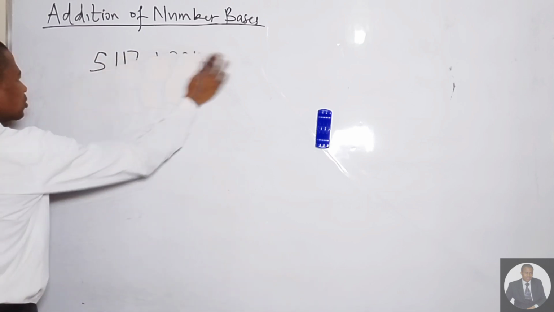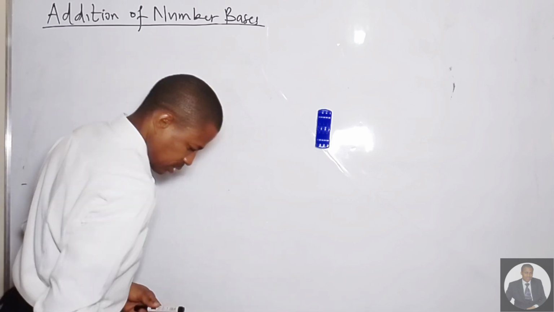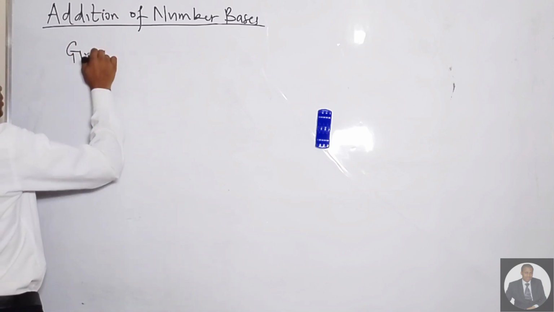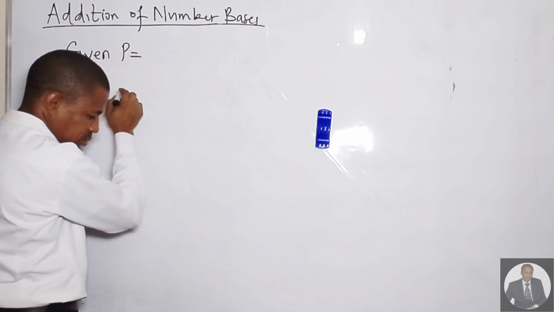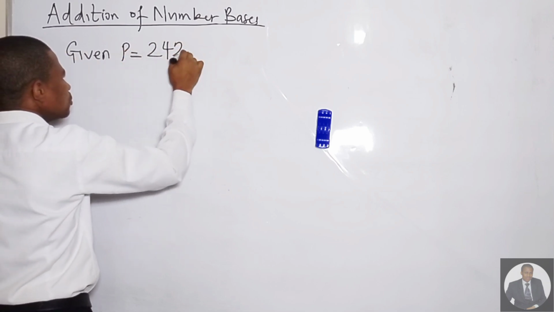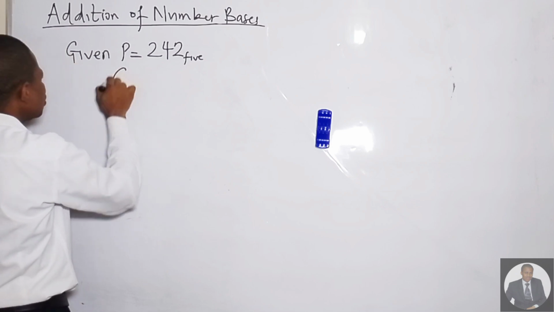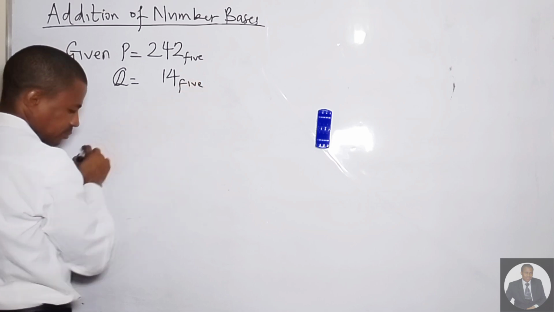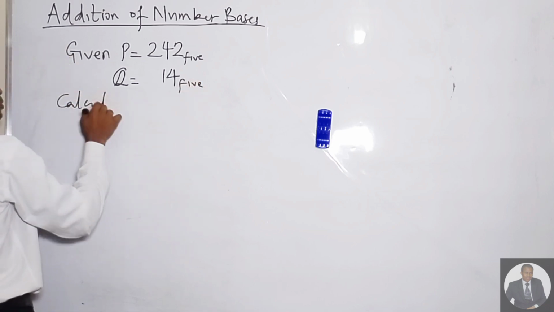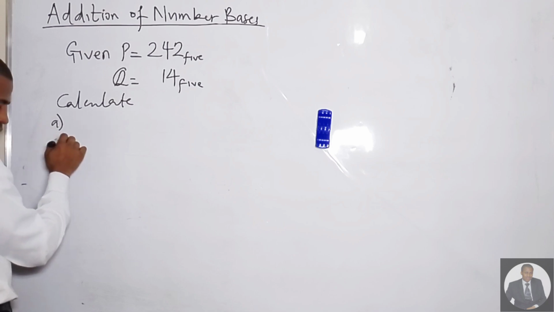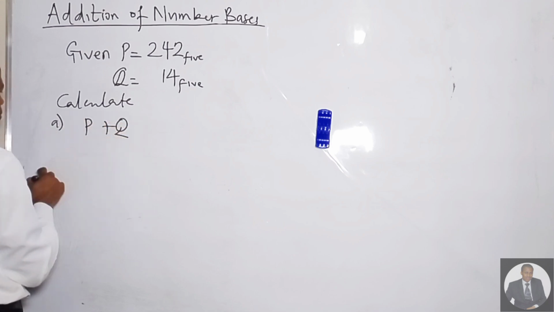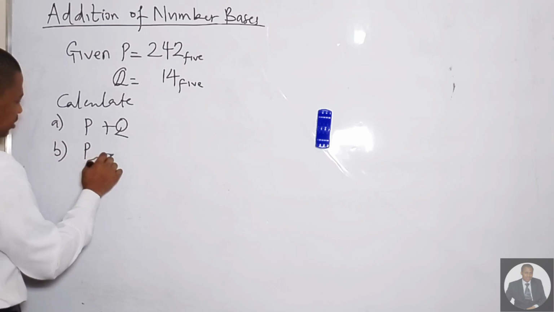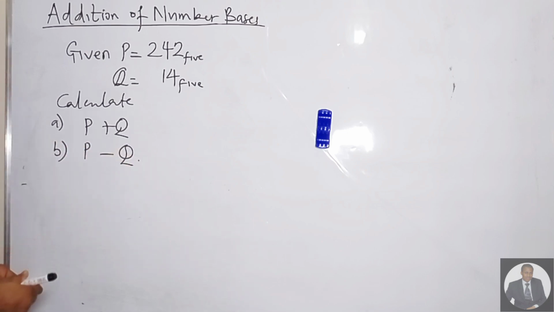Let's look at another question. Given that P equals 242 base 5 and Q equals 14 base 5, calculate A, P plus Q, and B, P minus Q. How do we do a question like this?